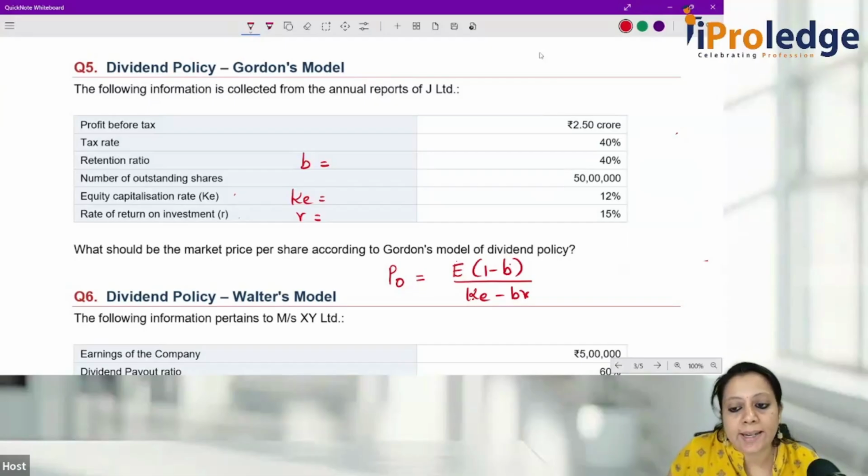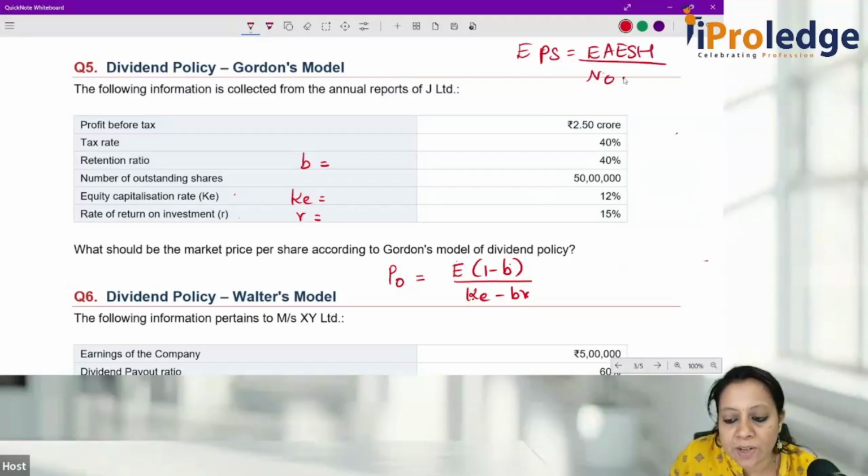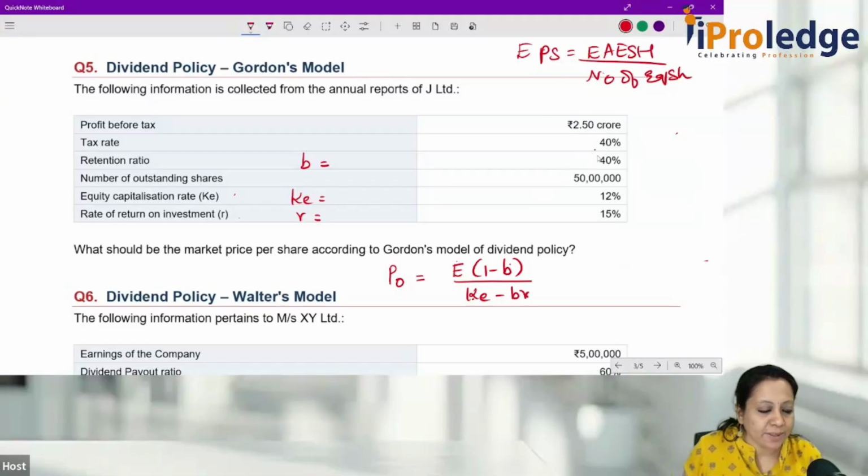E means what? E stands for EPS. EPS is equal to what? Earnings available for equity shareholders divided by number of equity shares. Earnings available for equity shareholders, how we need to calculate? PBT minus tax, we will get PAT minus preference dividend.